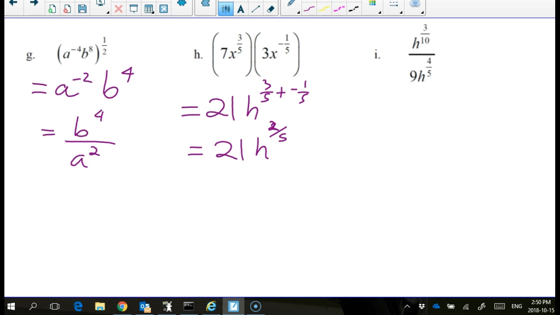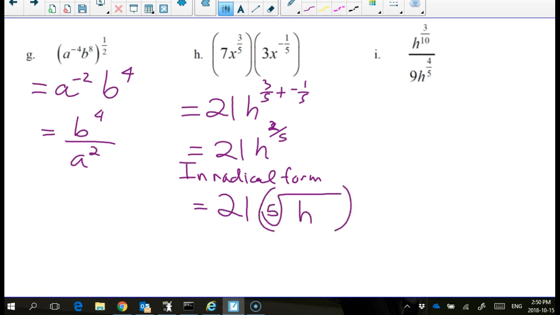If it said, and I don't think it does, but if it said convert it to radical form, what would this be in radical form? 21, and then the 5th root of h all squared.